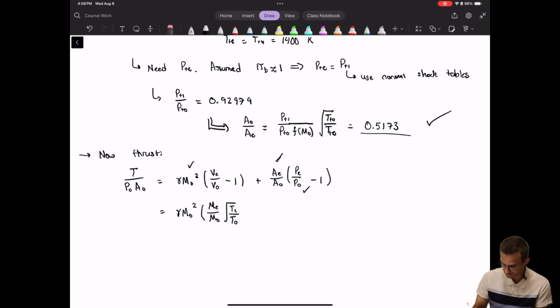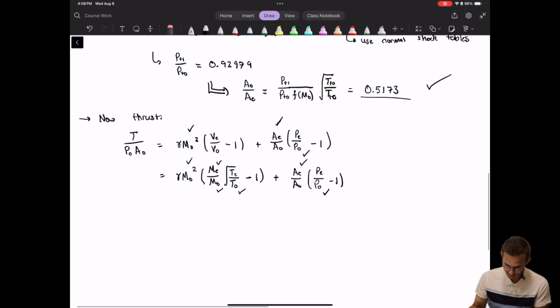Once again, using that calorically perfect assumption. So now we know what ME is. It's 1. We know what M naught is. We know what T naught is. It's given. So we just have to calculate TE here. And we also, just like we showed on the previous line, have to calculate PE to get this term all wrapped up as well.